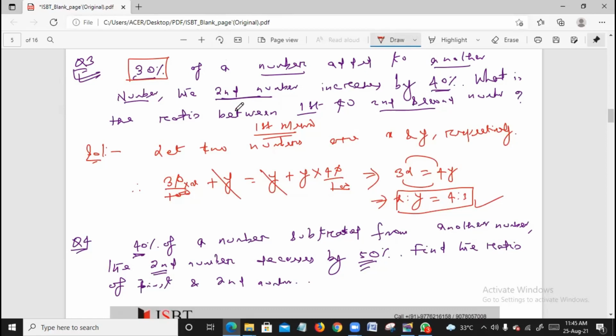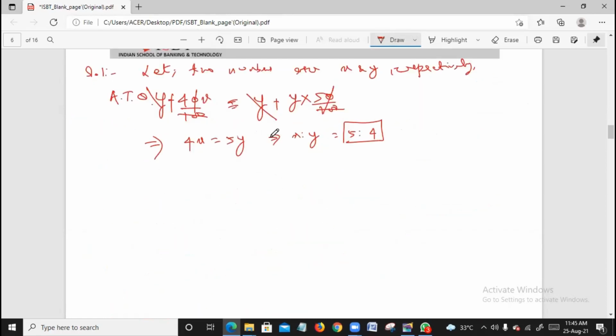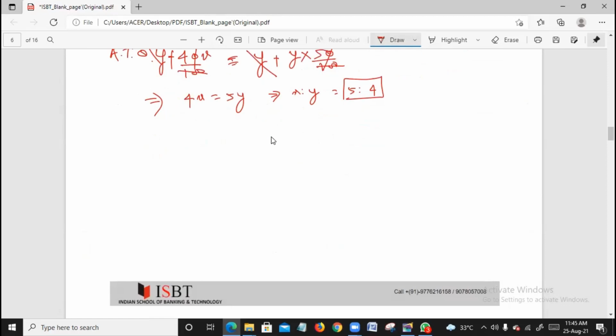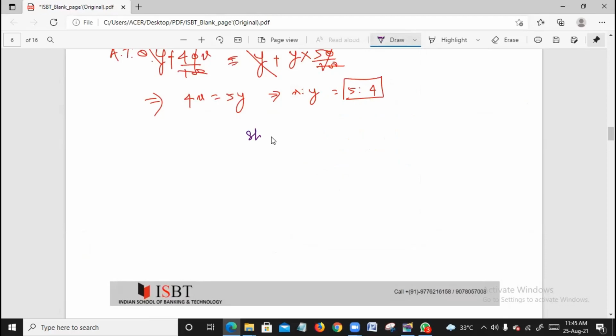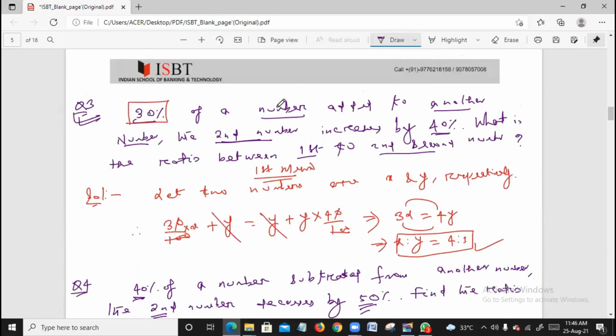Okay. Now I am telling you the very easy method, that is shortcut methods without x and y, and can solve within 2 to 3 seconds. Okay, now write down the format in the first case. In the first case क्या है? 30% of number added to the another number. The second number increases by 40%.